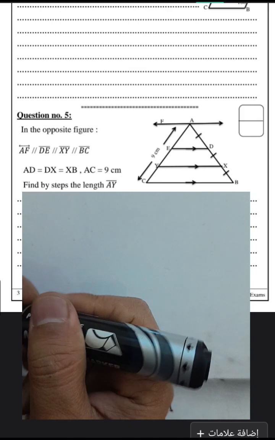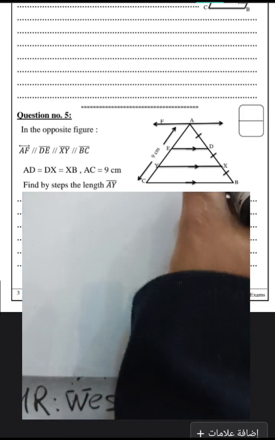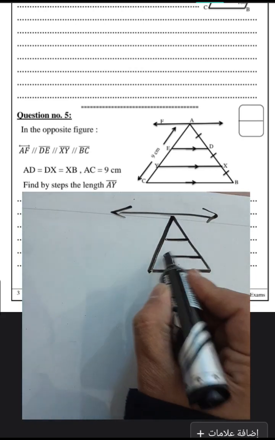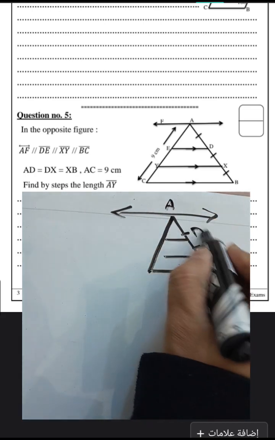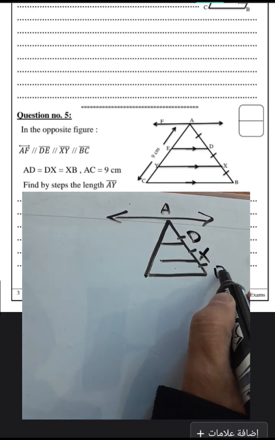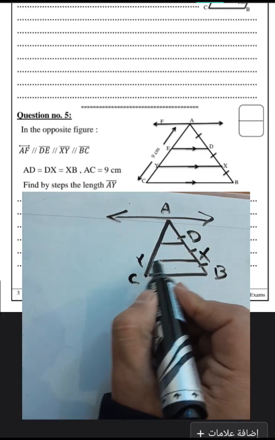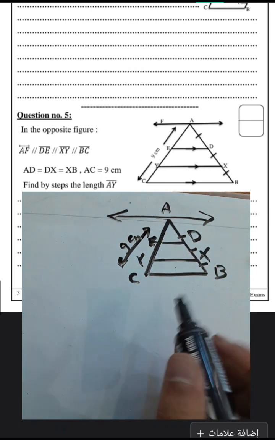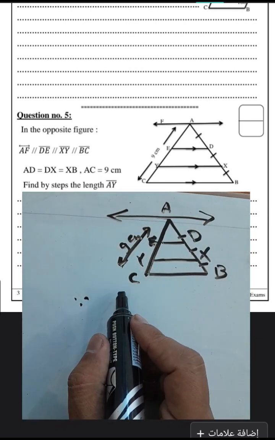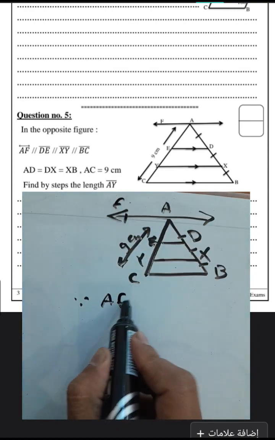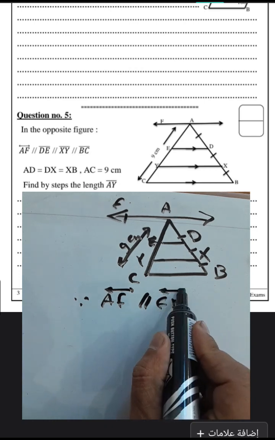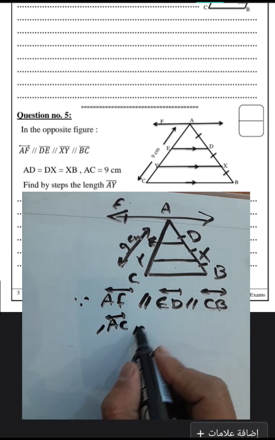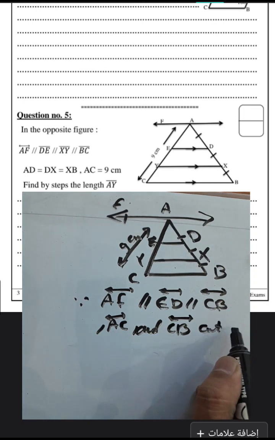We have a triangle and a ray, a straight line, and we have three equal parts: A, D, X, B, C, Y, and E. We are given the side length 9 centimeters, and we want to find the length of AY, such that AF is parallel to AD, parallel to CB, and AC and CB cut them as transversals.